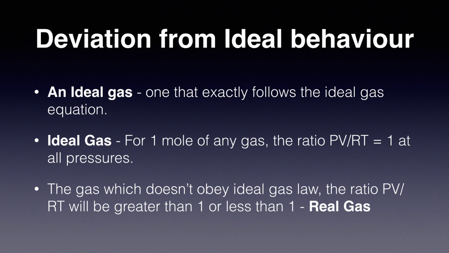Only think about the ideal gas equation, that is PV equal to nRT. If it follows this, that is PV upon RT becomes 1 for 1 mole of a gas, then it is an ideal gas. If the value is not coming to be 1, that means it will be less or more than 1, then they are said to be real gases.